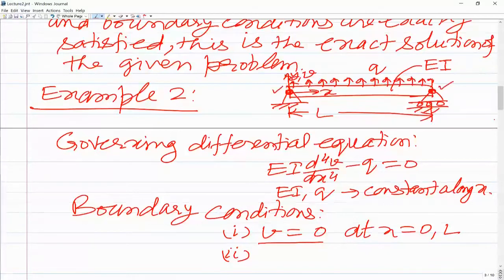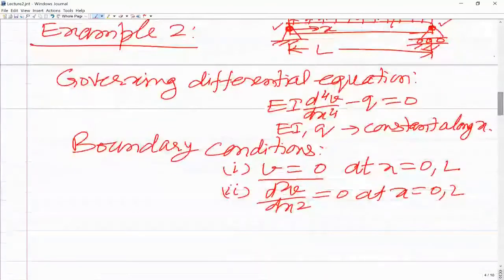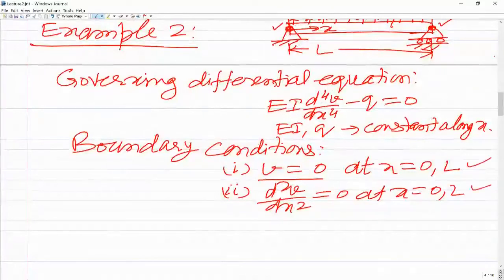And in Euler-Bernoulli beam theory, bending moment is EI into d2v by dx square, so that is equal to 0. We can divide both sides by EI, and finally we get d2v by dx square equal to 0 at x equal to 0, L, at both the ends. The same situation, because at both ends the support allows free rotation of the beam, so the bending moment has to be 0 over there. So these are the four boundary conditions.